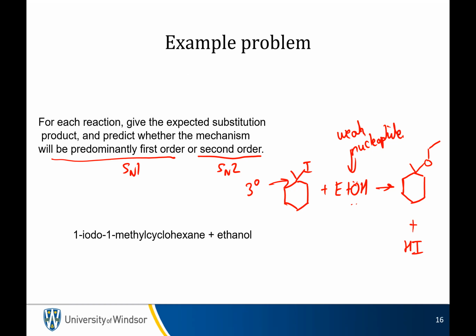But oxygen sucks as a nucleophile if it's neutral. So the tertiary center indicates SN2 is not possible. And a weak nucleophile is very unlikely to do an SN2 because it's weak. So this is all looking SN1. Everything is pointing us towards the SN1 here.